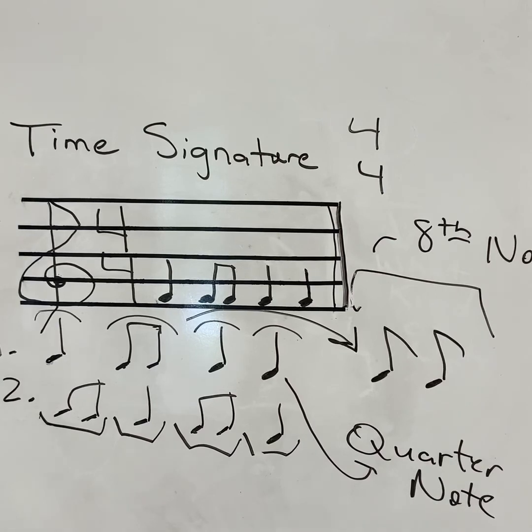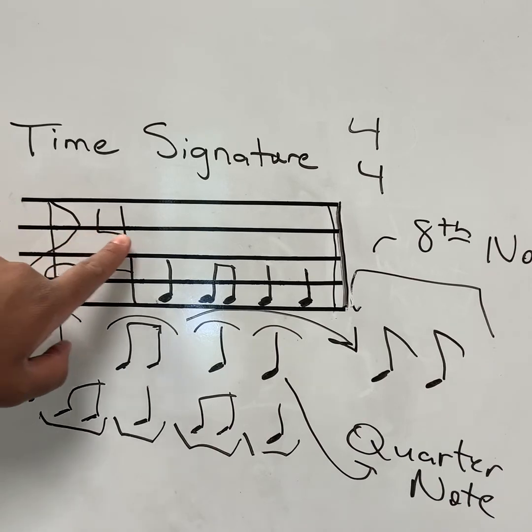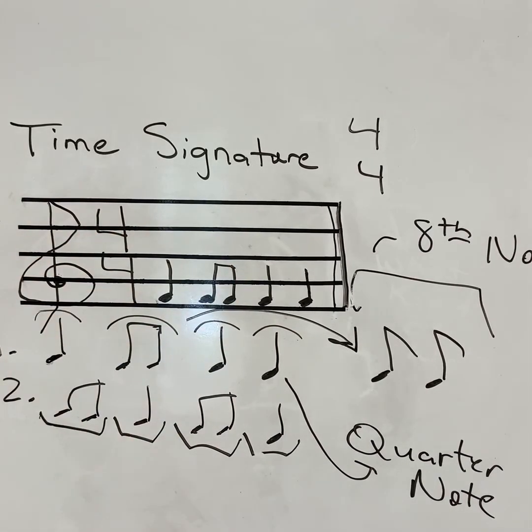Just to recap before we finish, I now have a time signature, which is 4/4. After drawing my 5 lines to make a staff, I drew a treble clef, and I drew my time signature right next to it, the 4/4, which tells me 4 beats I need to make a measure, okay? All right.